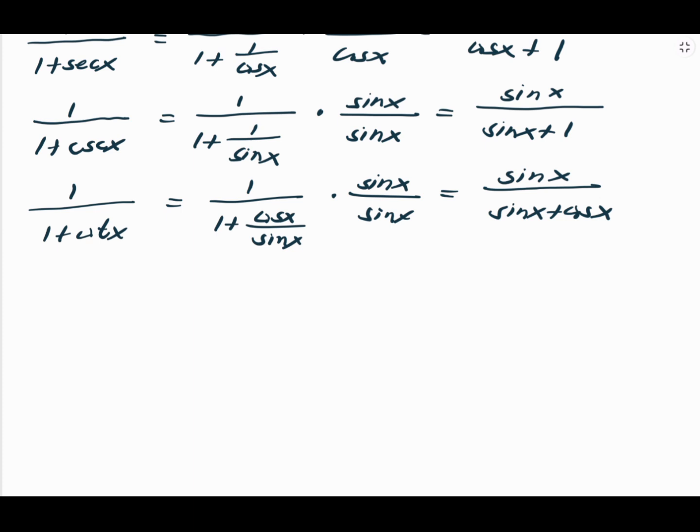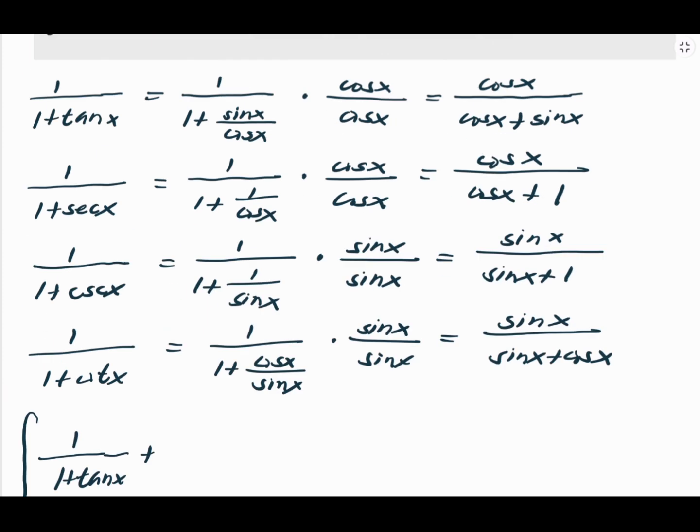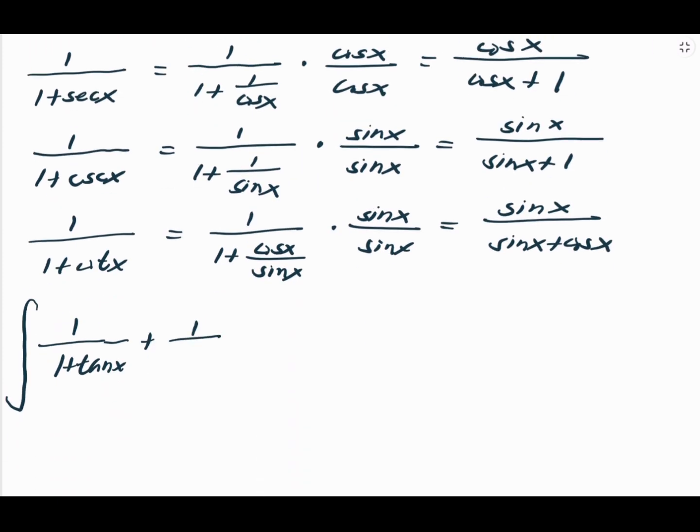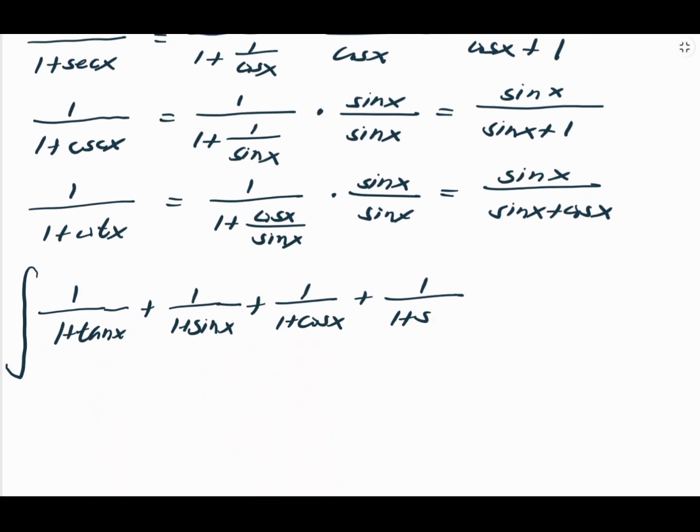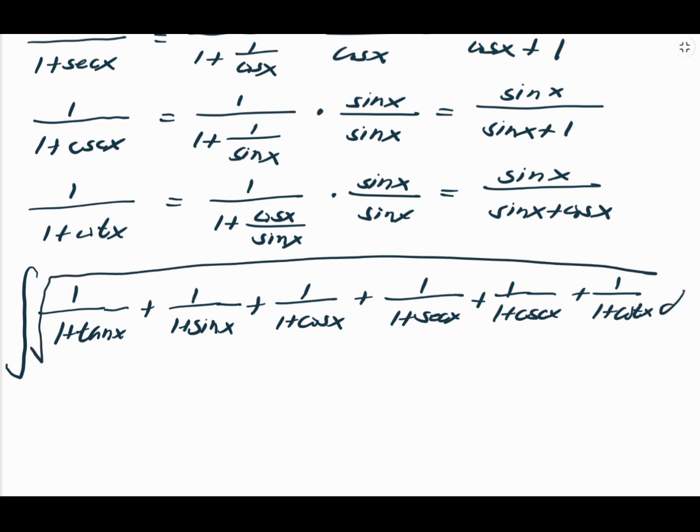So our problem is the integral of the square root of 1 over 1 plus tangent of x, plus 1 over 1 plus sine of x, plus 1 over 1 plus cosine of x, plus 1 over 1 plus secant of x, plus 1 over 1 plus cosecant of x, plus 1 over 1 plus cotangent of x, and the root of that dx.